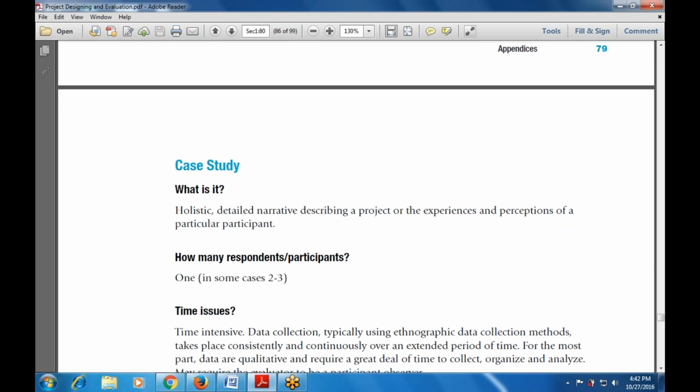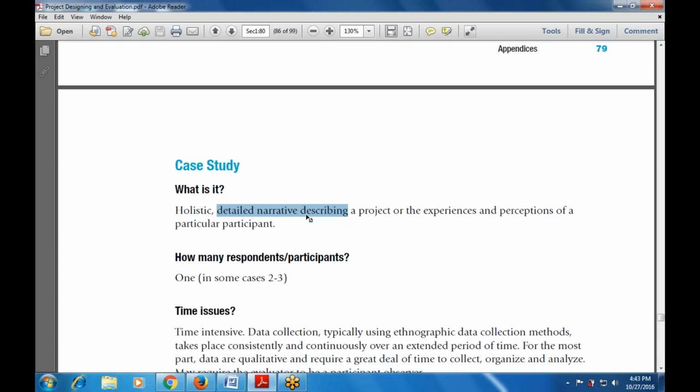Then the next tool is a case study. So what is a case study? It uses a detailed narrative describing a project or the experiences and perceptions of a particular participant.